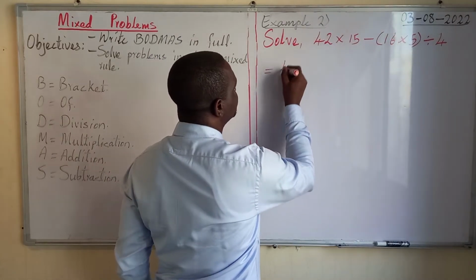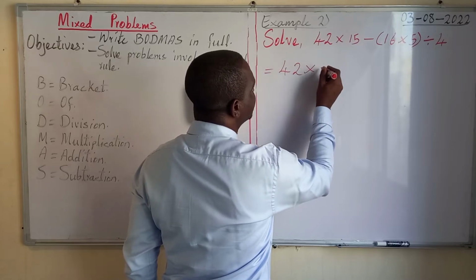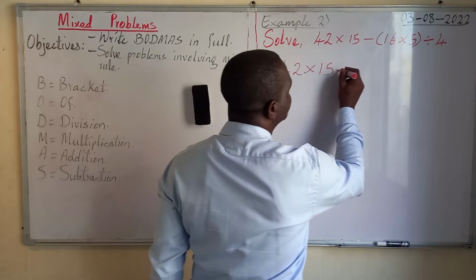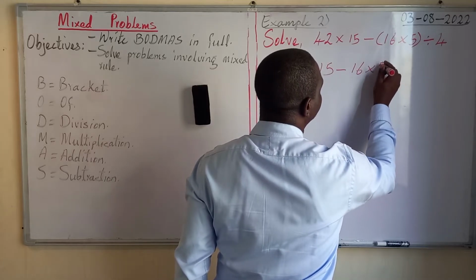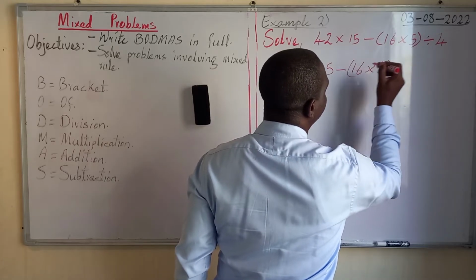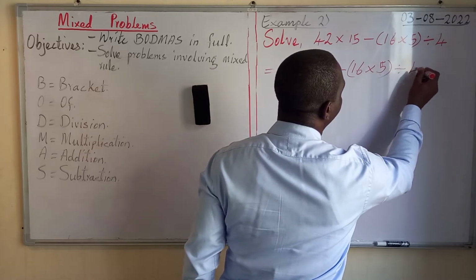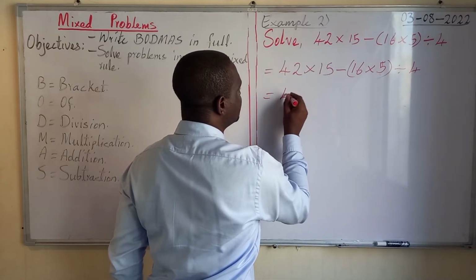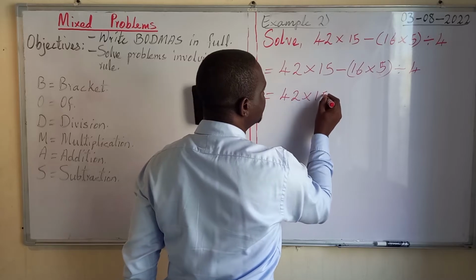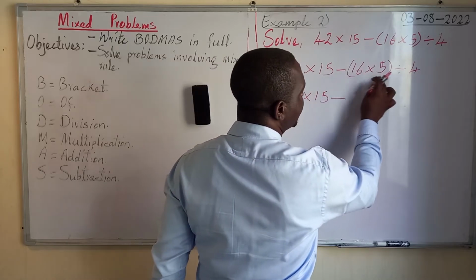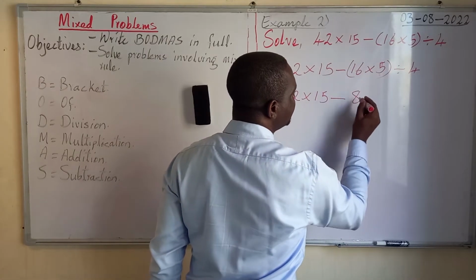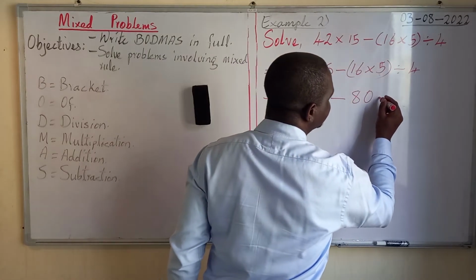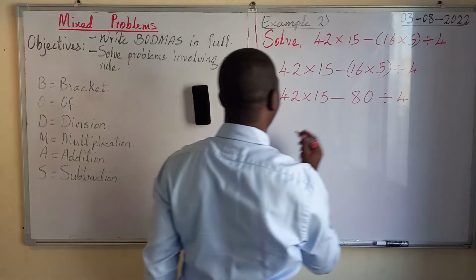This is equal to 42 times 15 minus 16 times 5 in bracket divided by 4. This is the same as 42 times 15 minus, now we solve the bracket. 16 times 5 is going to give 80 divided by 4.